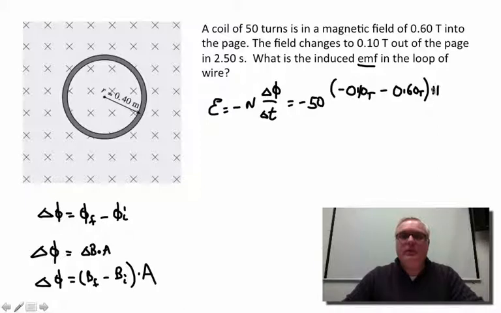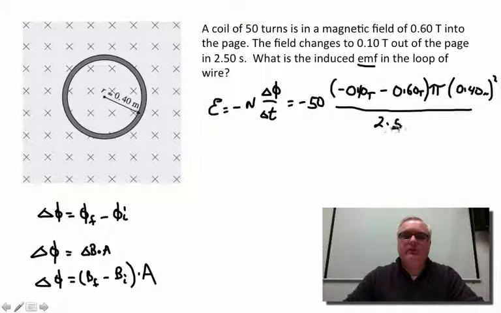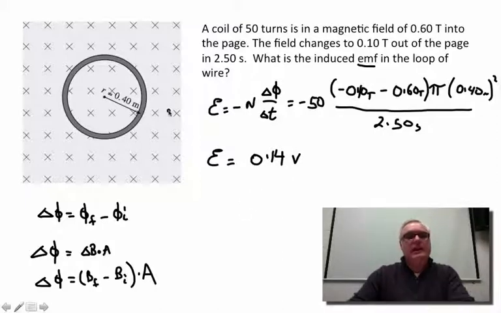And then we're going to multiply by the area of our loops, so that's pi times the radius squared. And then we're going to divide by the time that that change occurs over to get our induced EMF of 0.14 volts. So when this change occurs, this loop of wire will have a potential difference or a voltage of 0.14 volts if we measured it with a voltmeter.